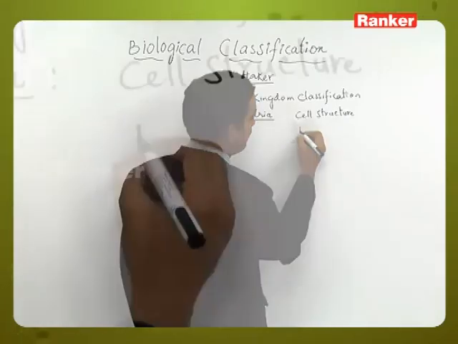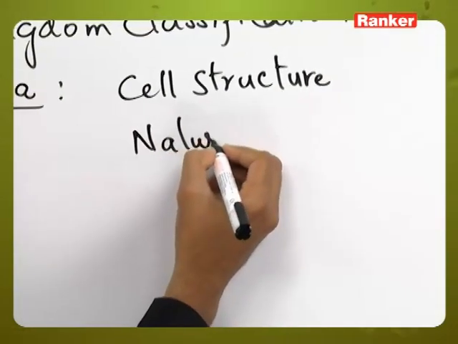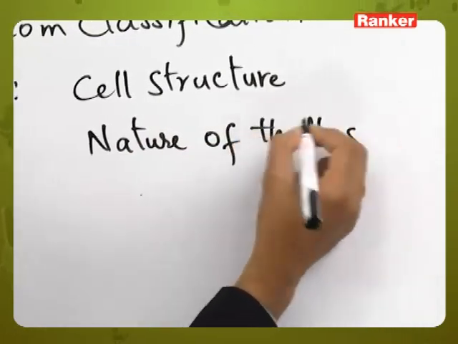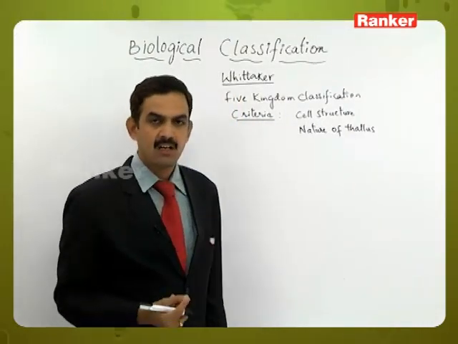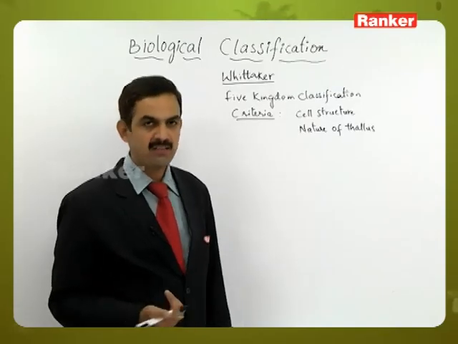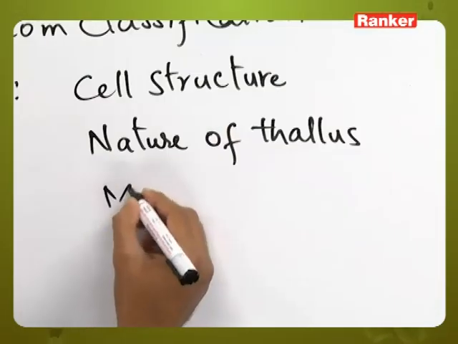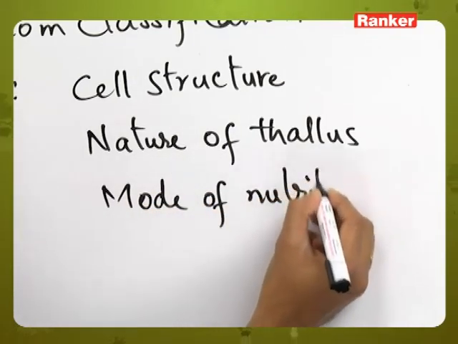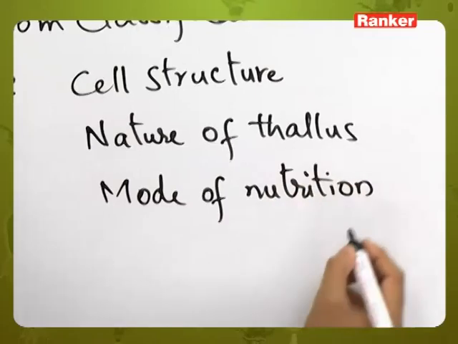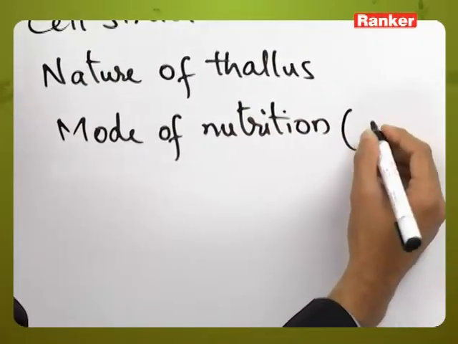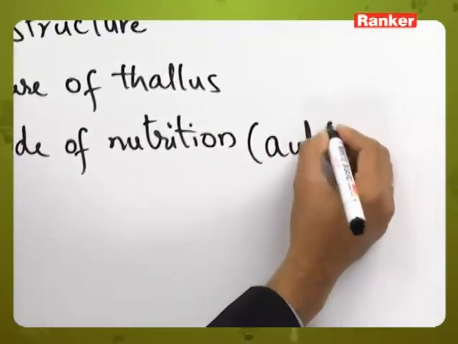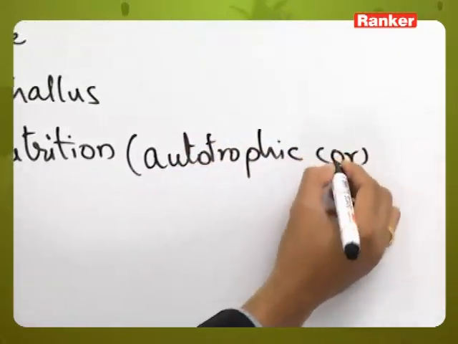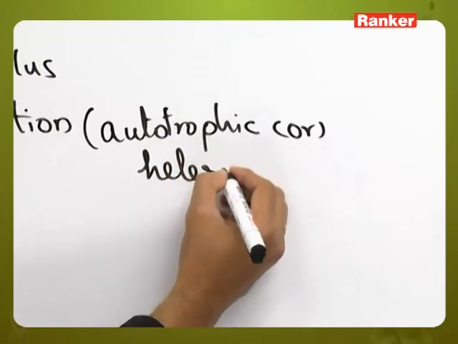Then the nature of thallus or the plant body organization, whether it is made up of one cell or more than one cell, and the mode of nutrition, that is, whether these are either autotrophic or heterotrophic.